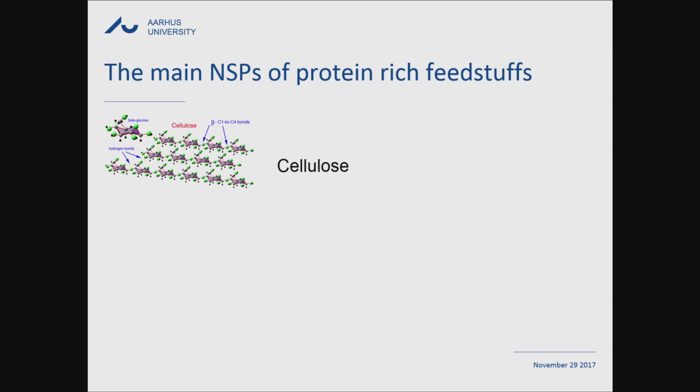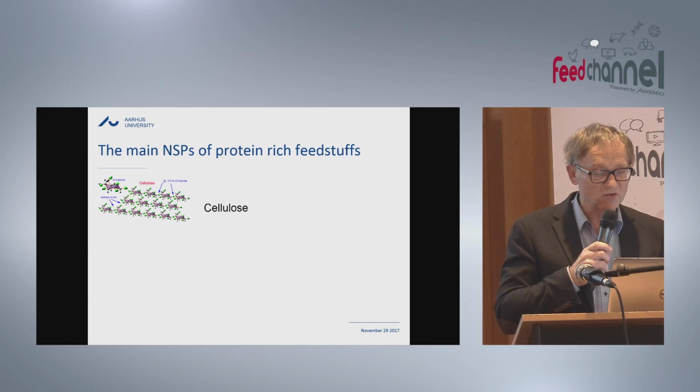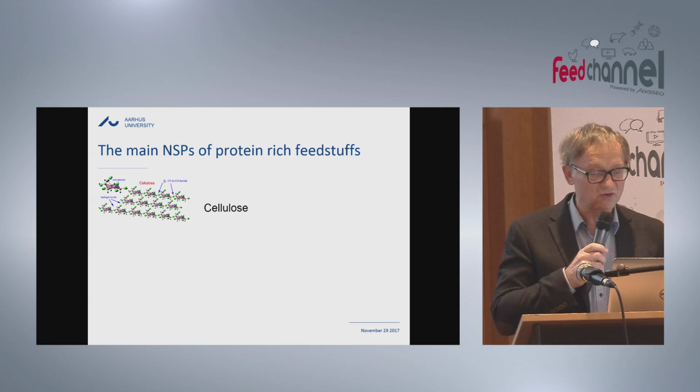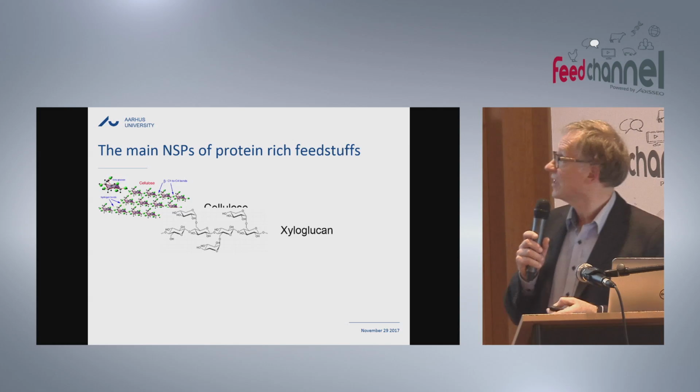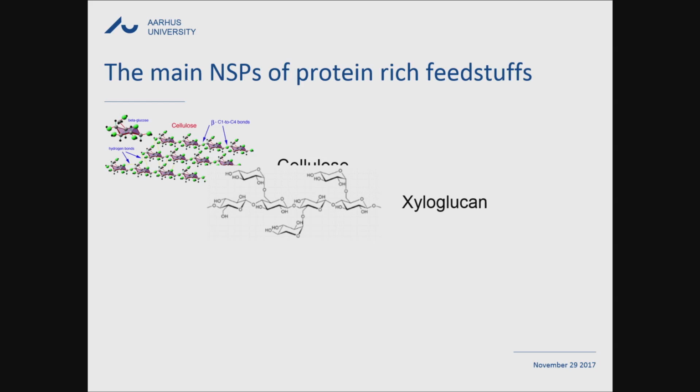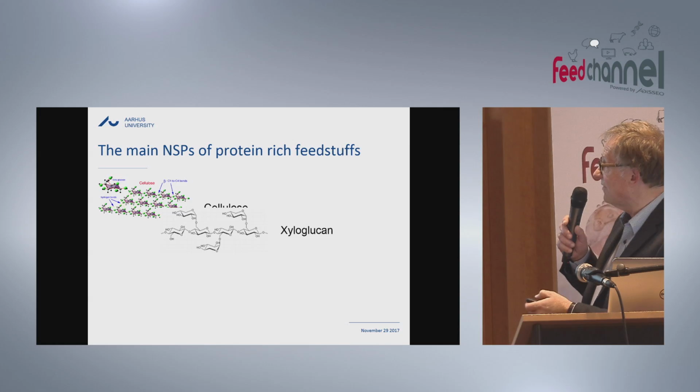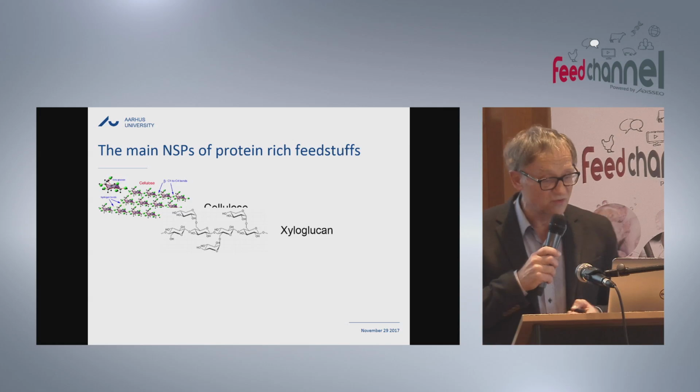In addition, if we look at the main NSPs present in protein-rich feedstuffs, you'll see cellulose, as I have mentioned already with the cereals. You also have xyloglucans, which essentially have a glucan unit in the backbone, with xylose side groups.